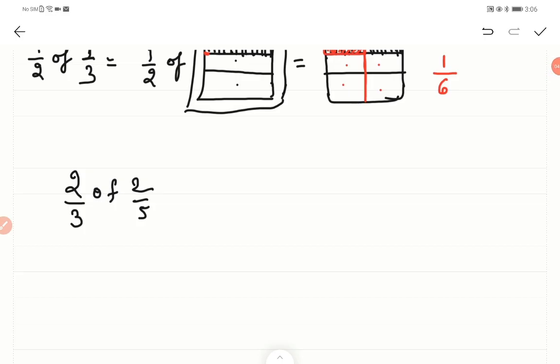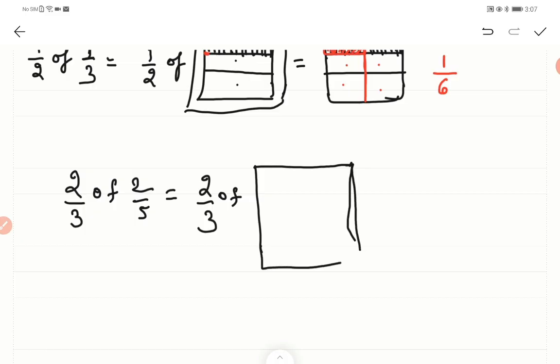Now let us consider one more example: 2 by 3 of 2 by 5. How do you draw this? First take 2 by 5. You have a square which is divided into 5 parts.